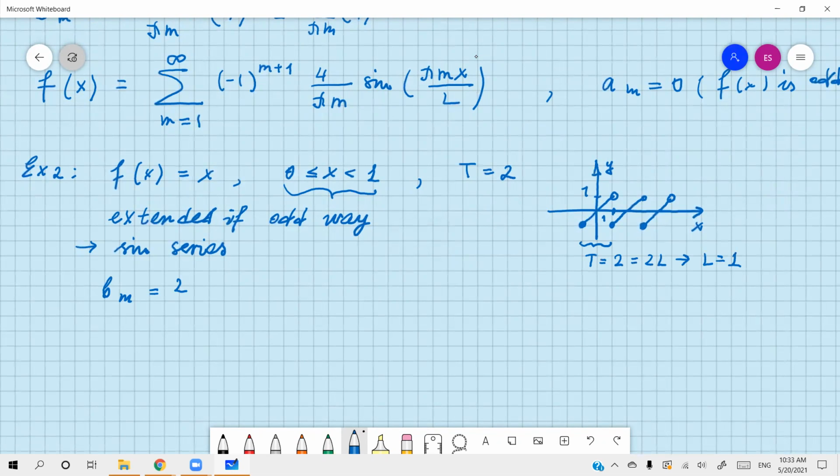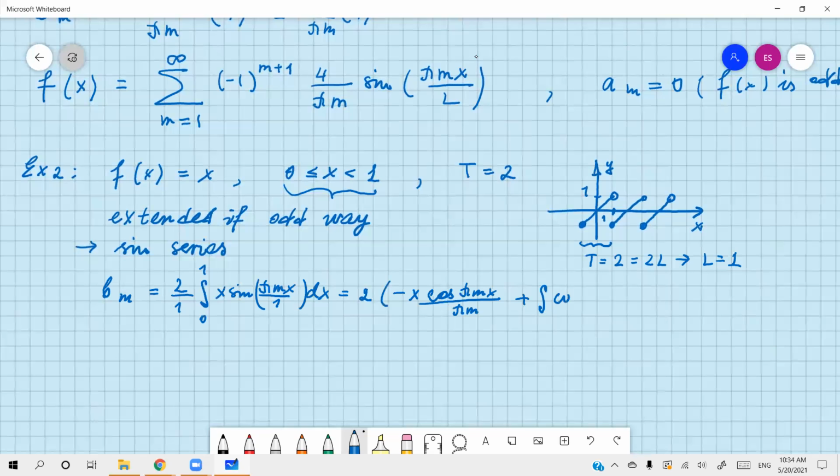Usually it's going to be given on L. So this interval is the interval of L. Integral from 0 to 1, and we have x sine of pi mx over 1 dx, and again integration by parts, just 2 in front, right, minus x cosine, we already did this integral, so cosine of pi mx divided over pi m, plus integral, differentiation of x is 1, right?